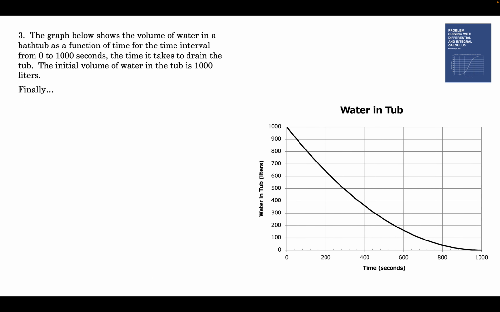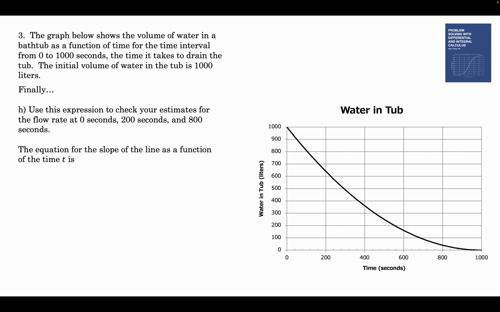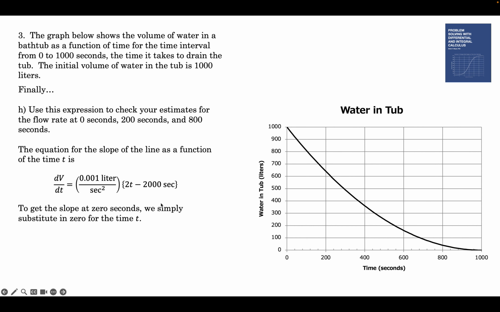So part H, finally, use this expression for the slope to check our estimates at 0, 200, and 800 that we got with the tangent line. So here's the equation of the slope that we just derived. If we want to know the slope at 0 seconds, we stick in 0 for t. We just plug it in. So here's t right here.